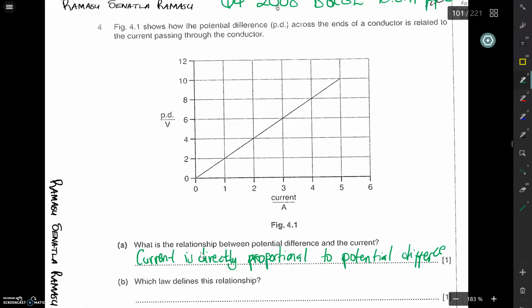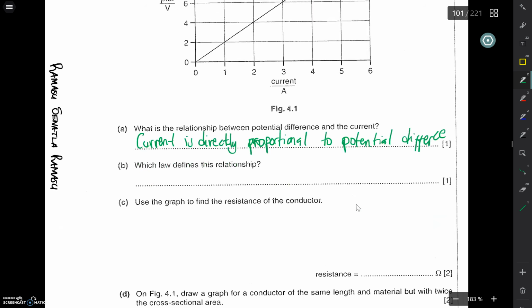Because as the potential difference increases, the current also increases. And part B says which law defines this relationship? This is Ohm's law, the one that says voltage is equal to current times resistance, right?